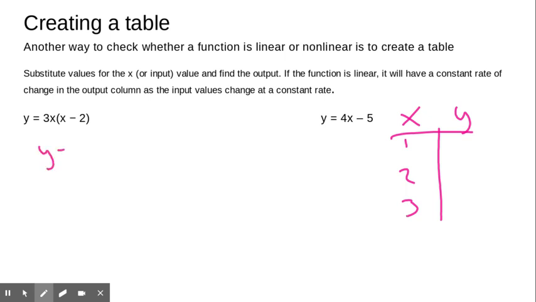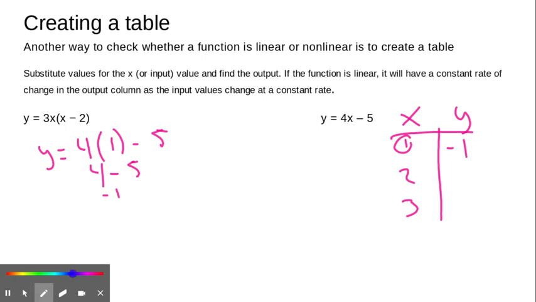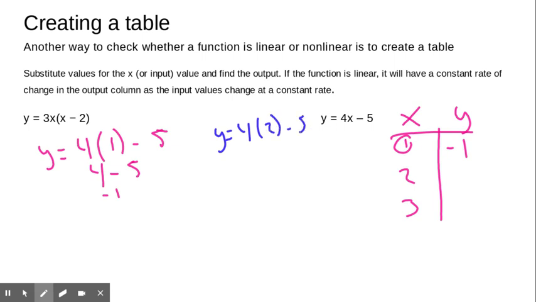So y equals 4, and it's no longer x, I'm putting in my 1. Minus 5. That gives me 4 minus 5, which is a negative 1. My next one would be y equals 4 times 2 minus 5.